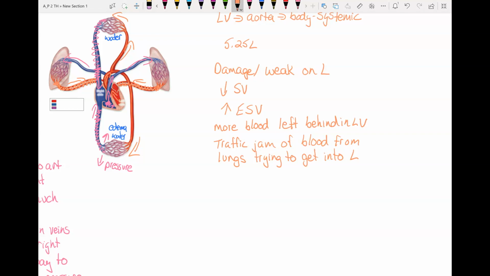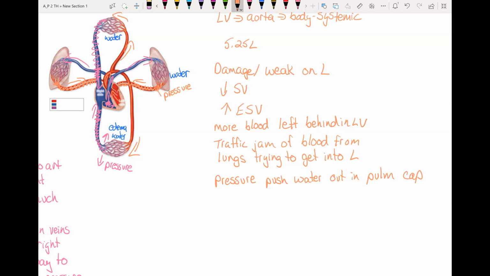And remember, this is going to create pressure, and that pressure is going to cause water to come out. So now we have pressure pushing water out in the pulmonary capillaries. Well, this is in your lungs.